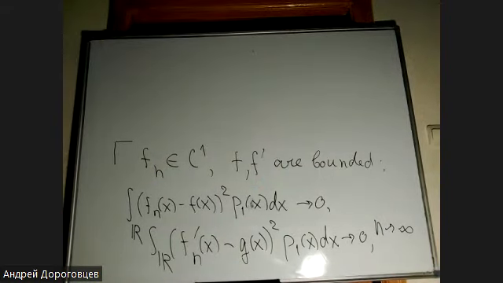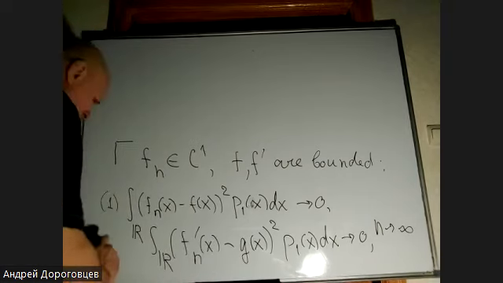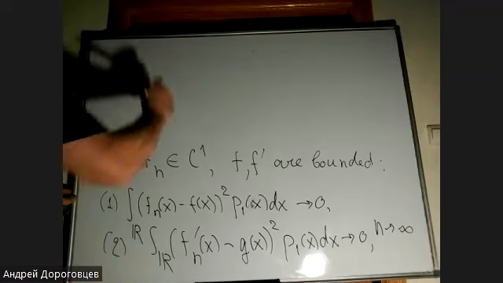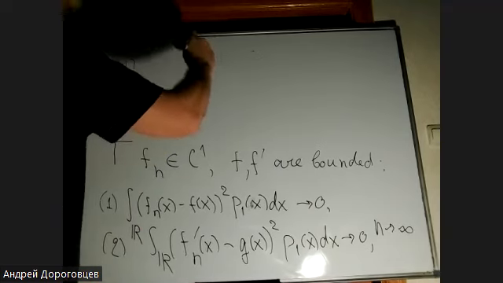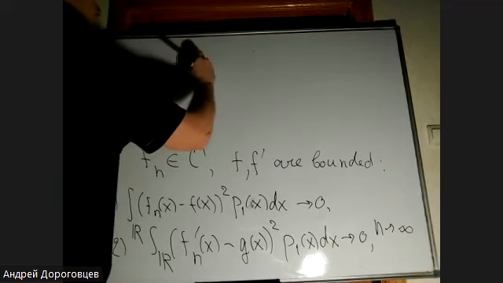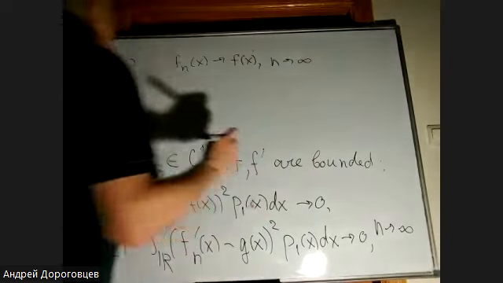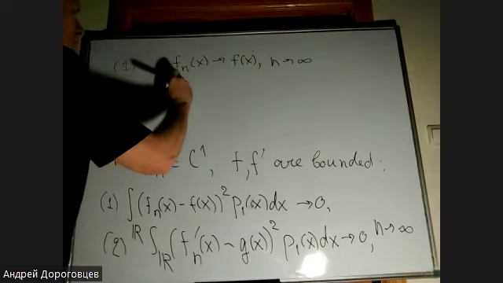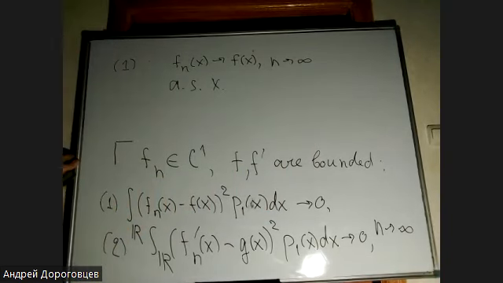And note that from relation 1, we have that fn of x converges to f of x when n tends to infinity for almost all x, so I can find a dense set of x for which we have such convergence.